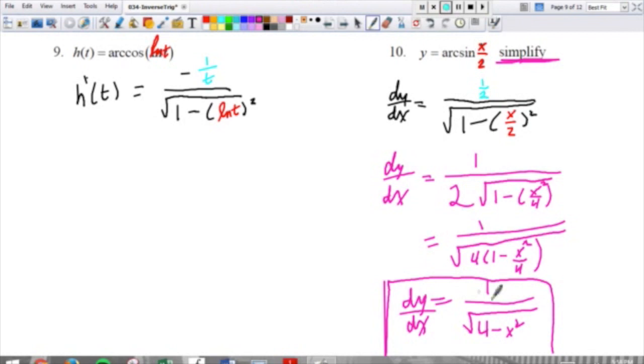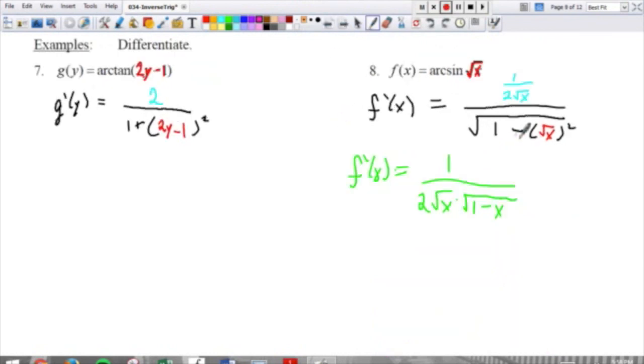Its derivative is this, after some algebraic manipulation. And in general, you should be worried about that. If you see this inside an integral, as always, I'm looking for patterns. There's a natural log t, there's a take-off. Let me try to replace it. There's a root x, there's a take-off. There's a 2y minus 1, there's a take-off.